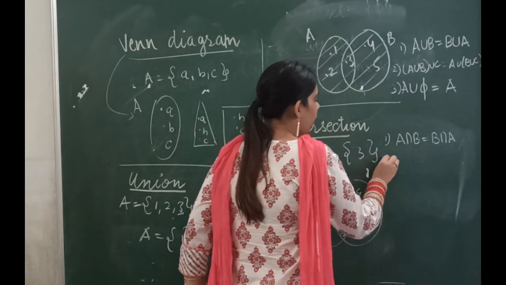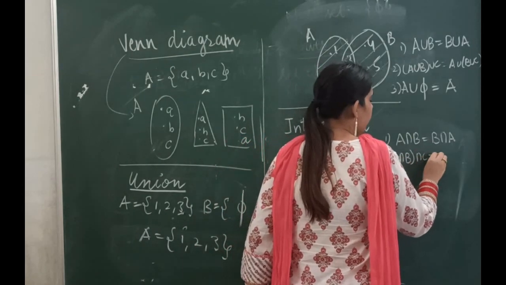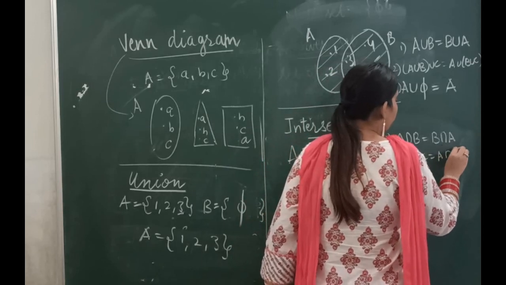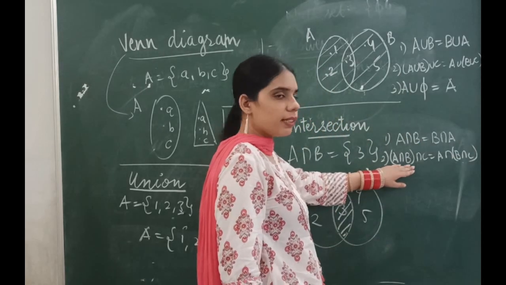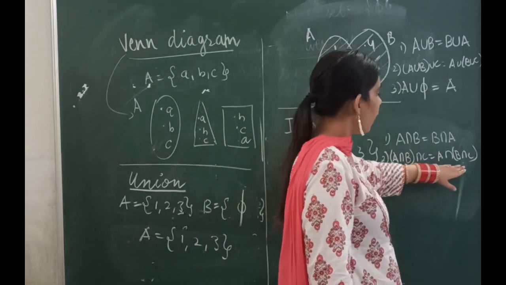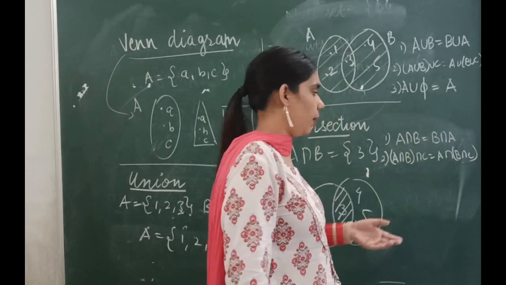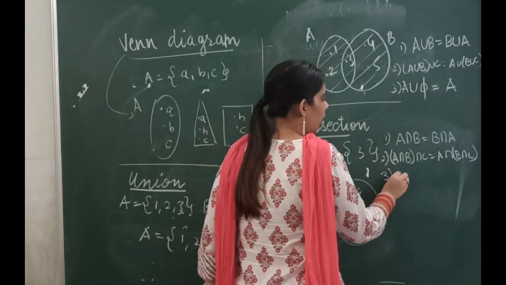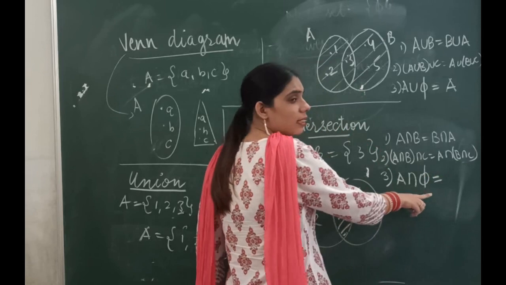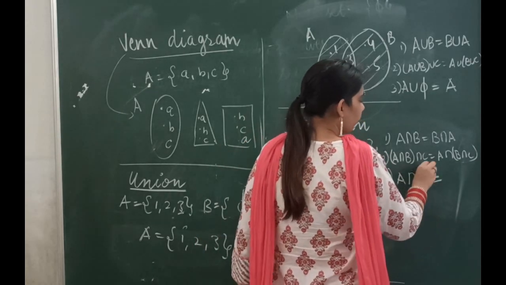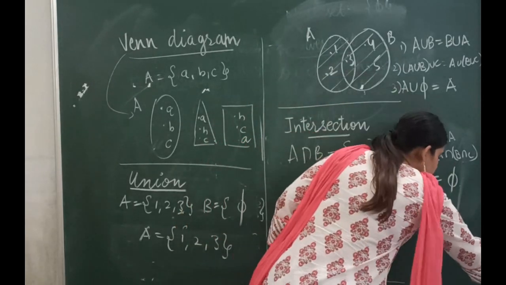In a similar way, here A intersection (B intersection C) is always equal to (A intersection B) intersection C. पहले मैं A और B का इंटरसेक्शन करूं फिर C के साथ करूं, या फिर पहले मैं B और C का इंटरसेक्शन करूं फिर A के साथ करूं, it's one and the same thing. Here also the third property is A intersection null set. It will always be the null set. Why? Let us just see here.